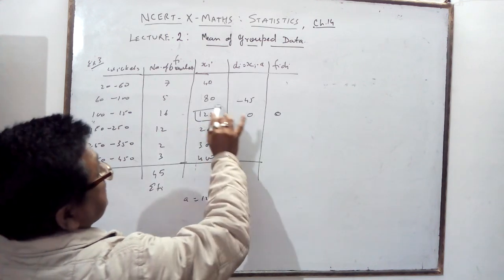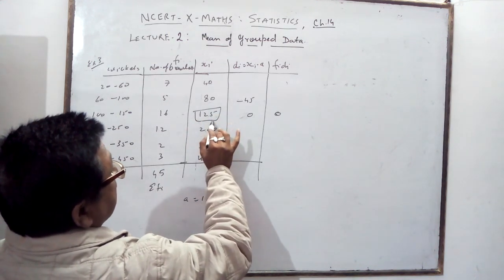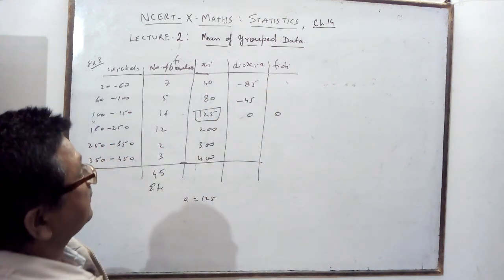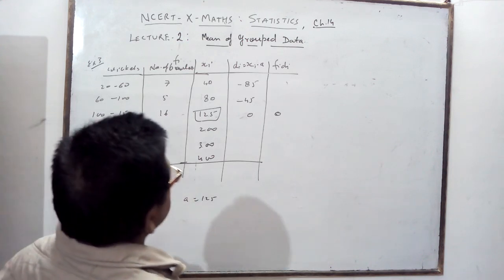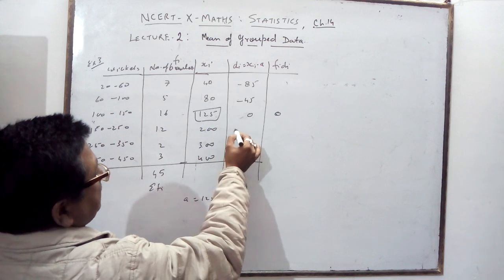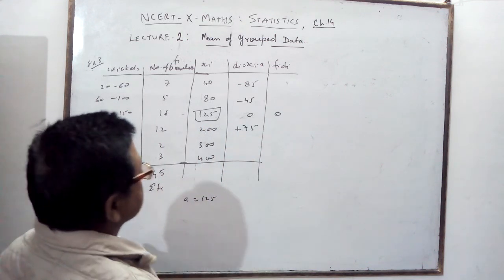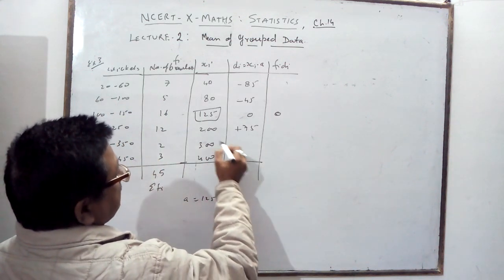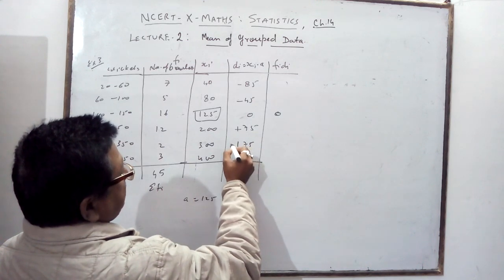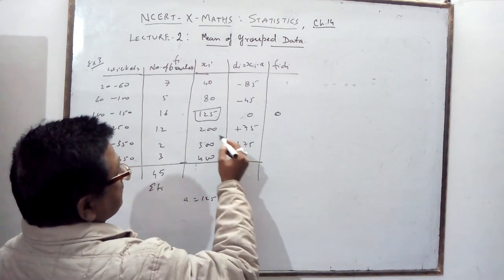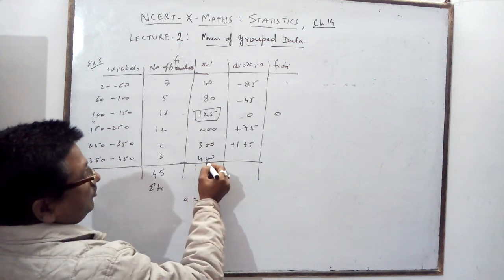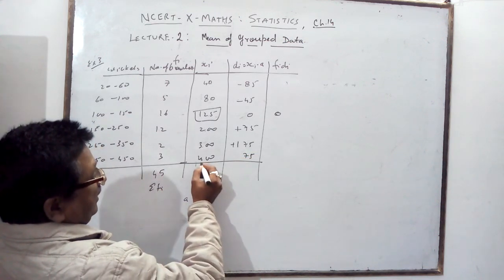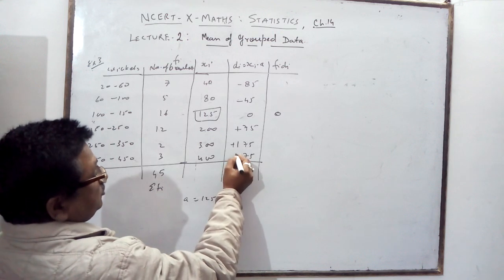So I am taking this: 80 minus this, 40 minus this, then here 125, that is plus 75, 300, 175, and then 125. 400 minus 125, what will you get? 75, and 3 minus 1, 275.